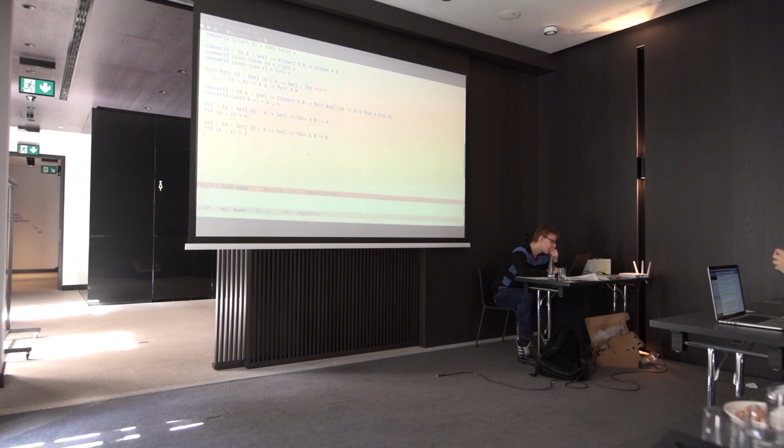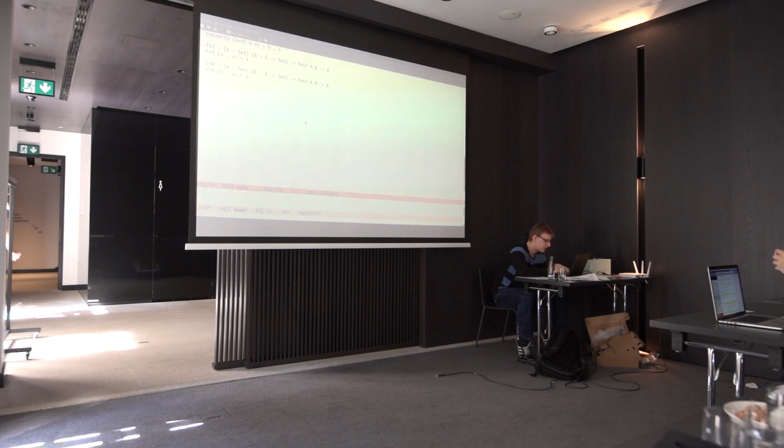Well, let's try it on an example. Let's suppose I have that either pair, and you know it's either false and a number, or true, and then it's a boolean. Okay. So the first projection is simple because it's always a boolean.